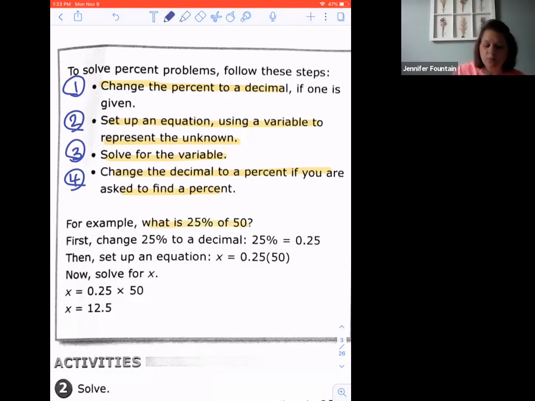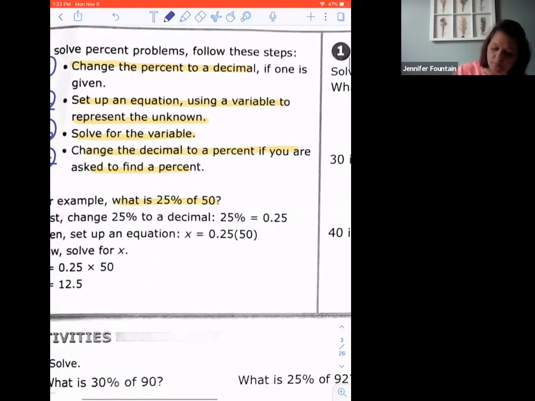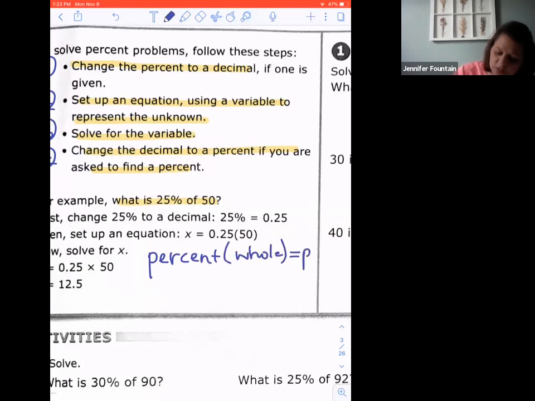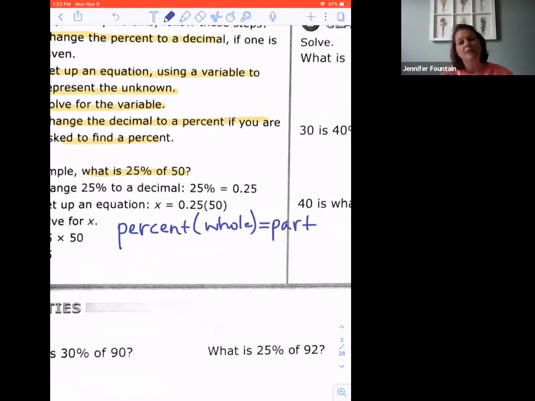Now what I want to do is show you there is just a standard equation, and I can use percent times whole equals part. Okay, so if I multiply a percent times a whole number, that equals the part I'm looking for.